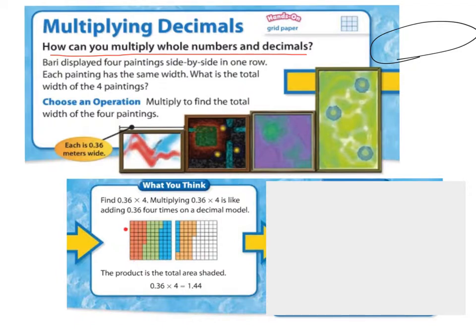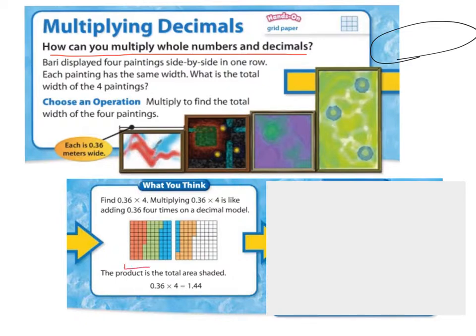If you shade it in 4 times, because there's 4 widths, and you counted them all, then you would have 144 grids. But each one of those just counts as 1 penny. Each of these squares is 1/100th of a whole. So it's 144 1/100ths. So if you have over 100, that becomes a whole number, and that's 1.44.